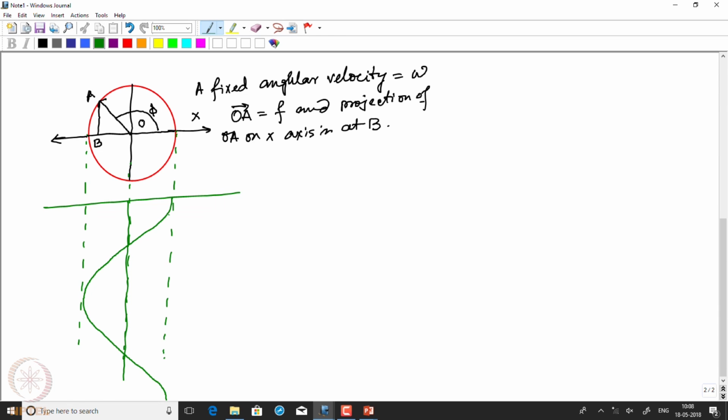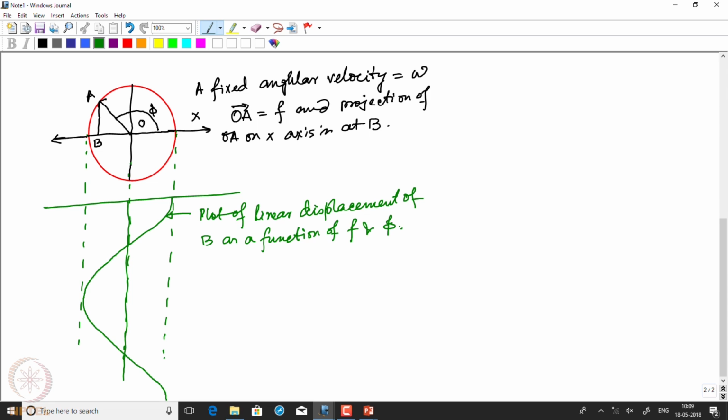So this is the plot of linear displacement of B as a function of F and phi.